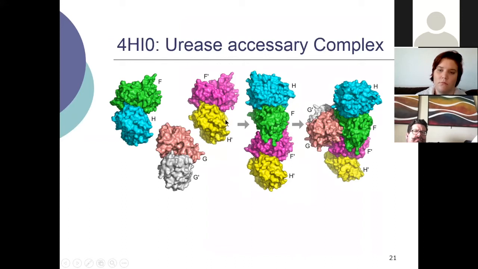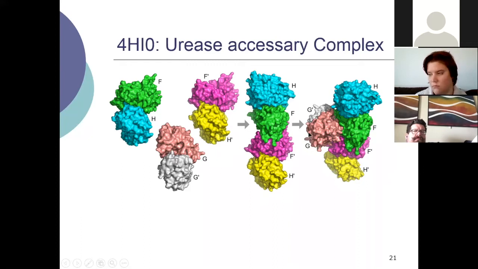It docks in this order: chains F and H dock first, and G and G prime, the homodimer, and F prime and H prime dock separately. Then at the second step, F and H form a 4-chain complex, and finally G and G prime dock at the last step.